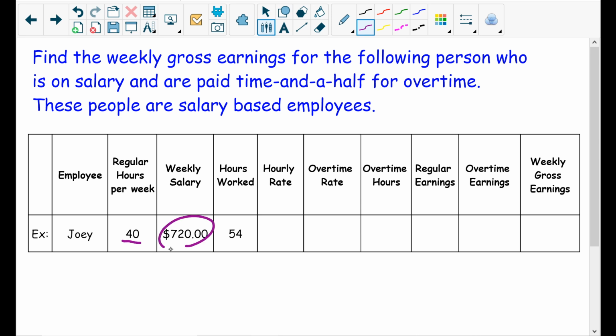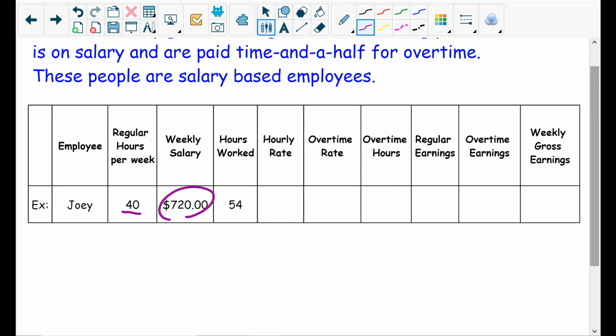To find our hourly rate, we're going to divide those two. So we're taking the 720, dividing by 40, and we get 18. So $18 is their hourly rate. All these other calculations are the same.